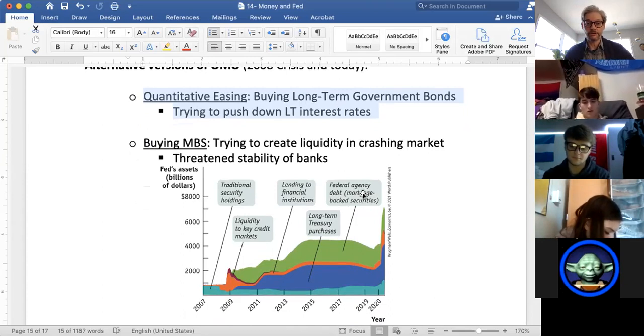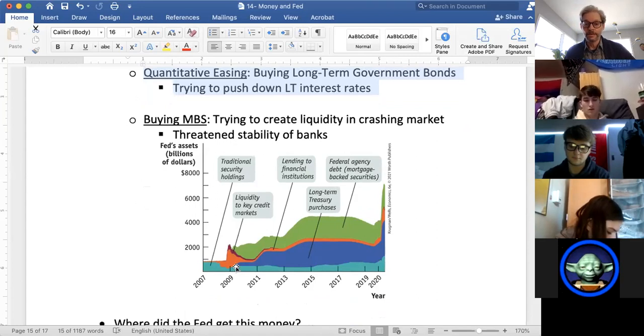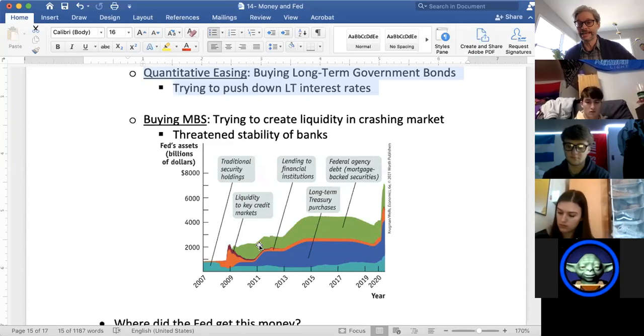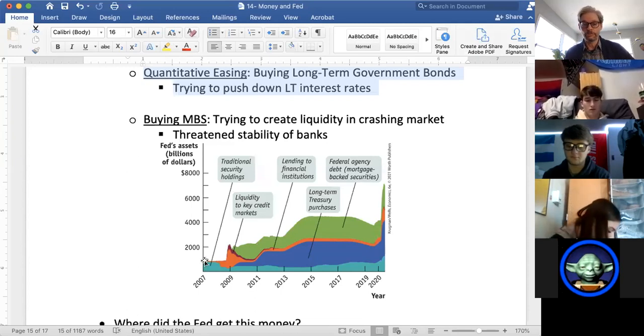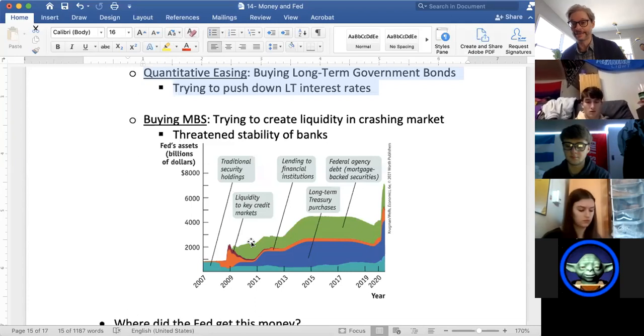In this figure here, you can see what happened to the Fed's balance sheet. Basically, the Fed expanded the size of its assets by 4 times between 2007 and 2011, right? They rapidly bought assets. And how did they buy all those assets? By rapidly increasing the money supply, right?